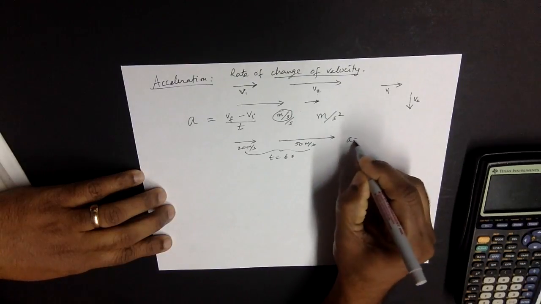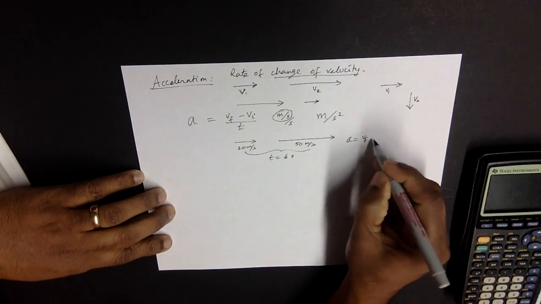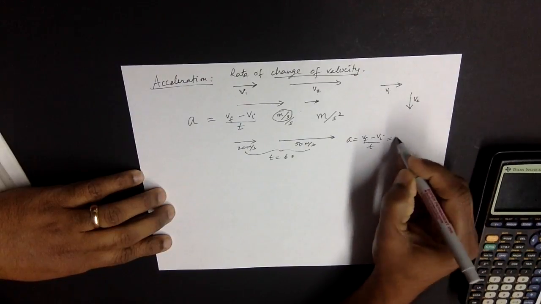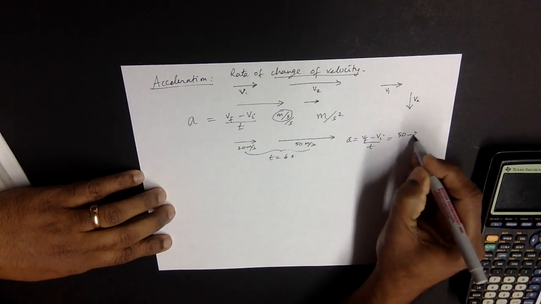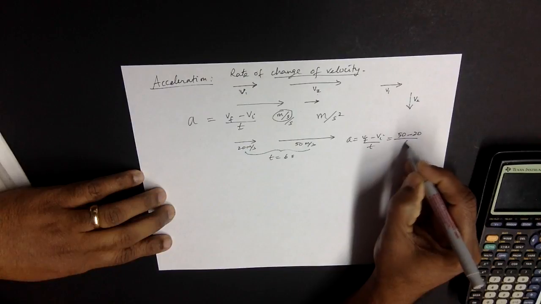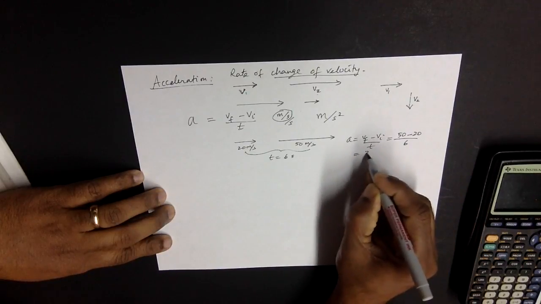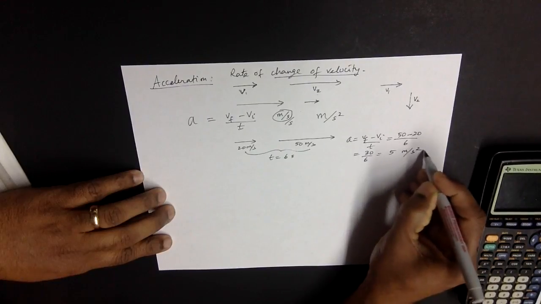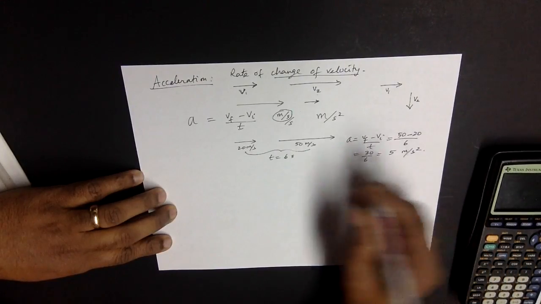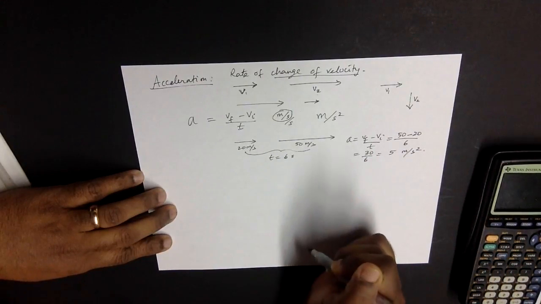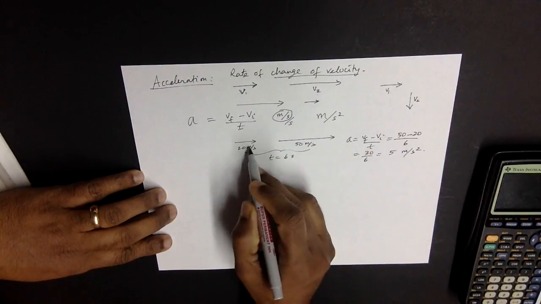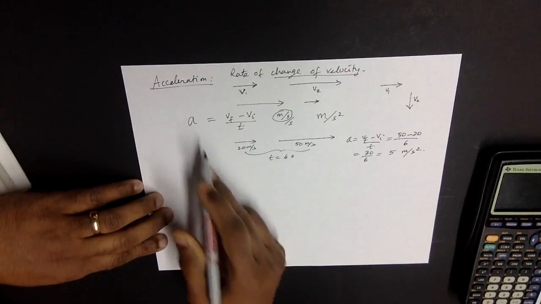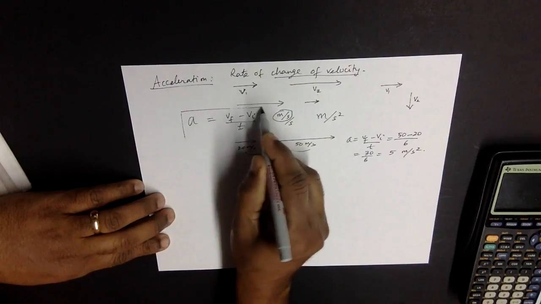So the acceleration is going to be the final velocity minus initial velocity over time, which is 50 minus 20 divided by 6. That's going to be 30 over 6, which is 5 meters per second square, in the same direction as it is moving. So if I call this east, then that's going to be east.